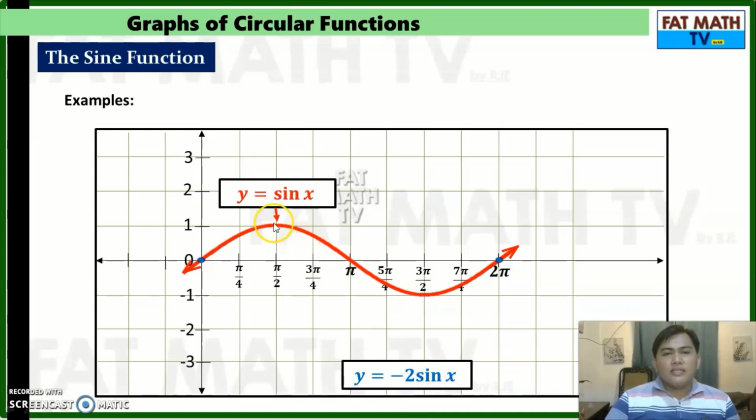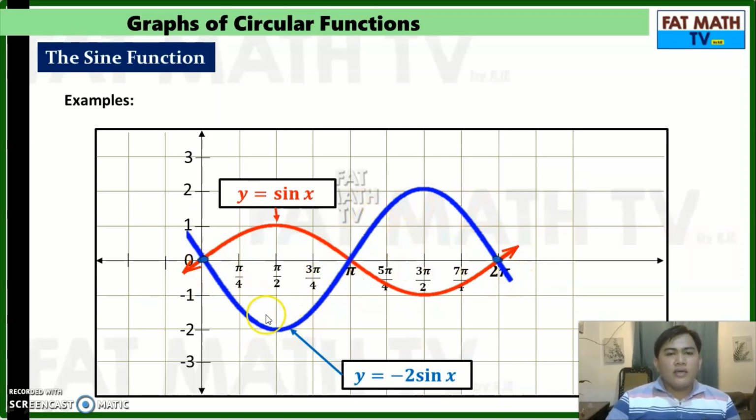So, for example, at x equals pi over 2, the value y here is going to be 1 times negative 2. It's going to be negative 2, so it will be here. Actually the graph will be passing through here. Since we multiply negative 2 to each value of y that we obtained a while ago, it will be a vertical flip along the x-axis.